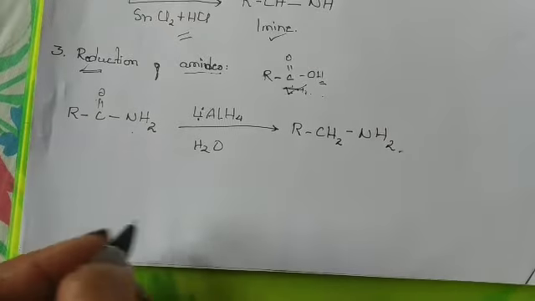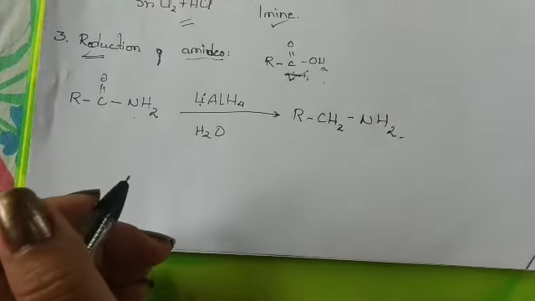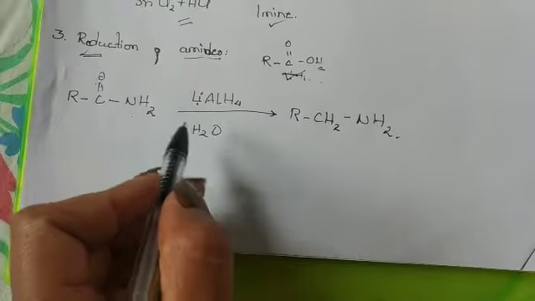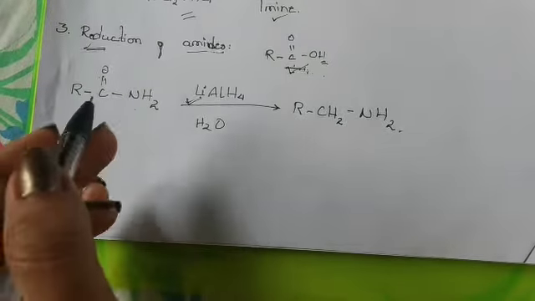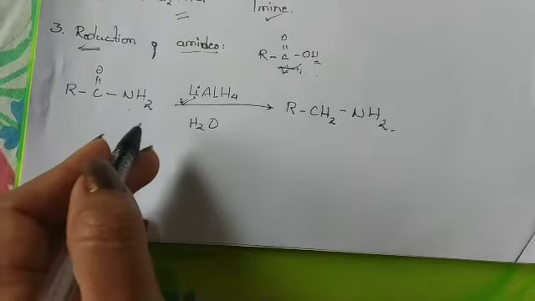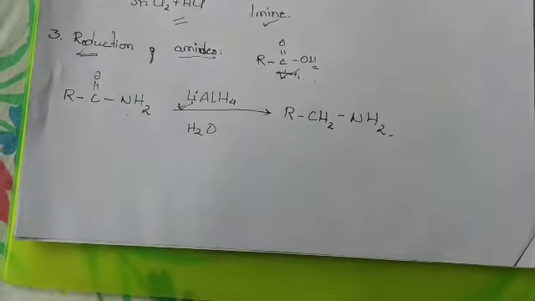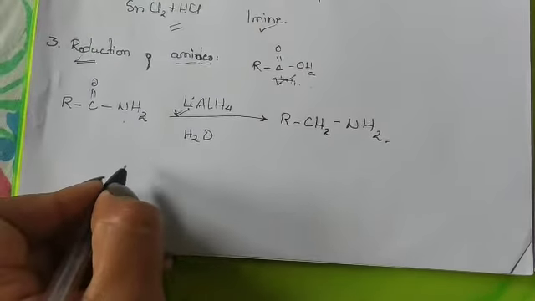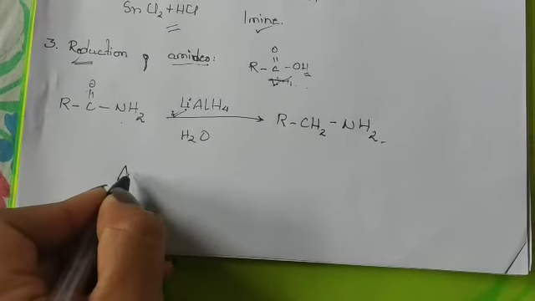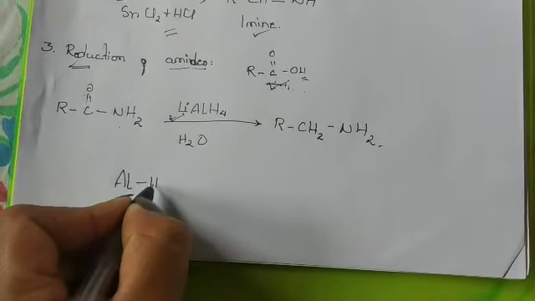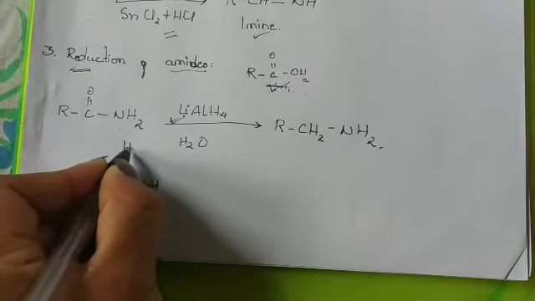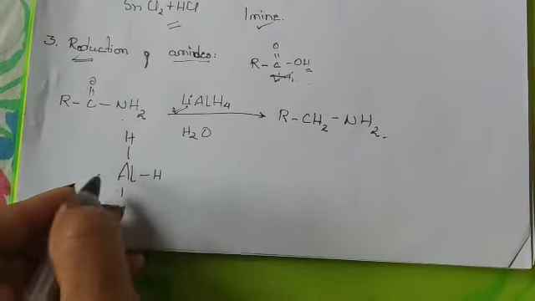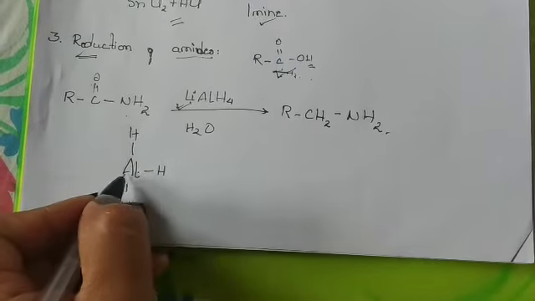Firstly, let us see the structure of lithium aluminum hydride, because this is a specific reagent. The reagent itself, here. In lithium aluminum hydride, let us see aluminum hydride. Aluminum belongs to group 13.